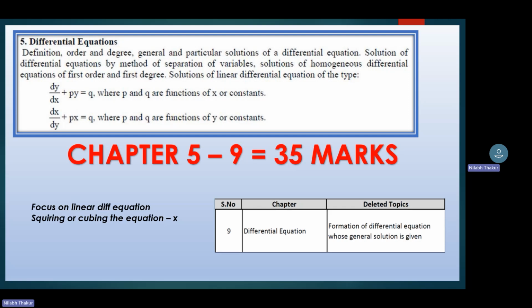Such type of question, where you need to square or cube both sides to form the standard equation, discussed in chapter number 9, exercise 9.1, will not be coming.